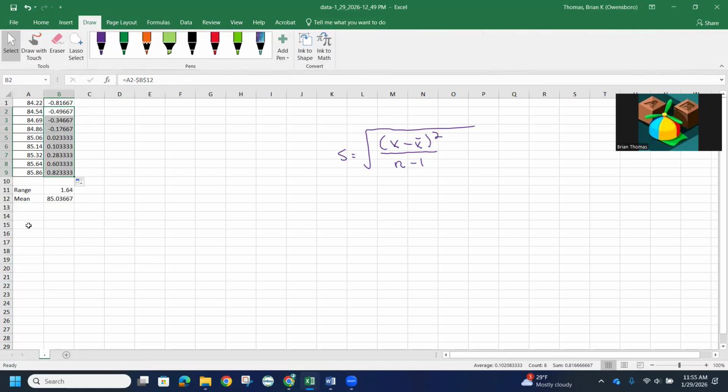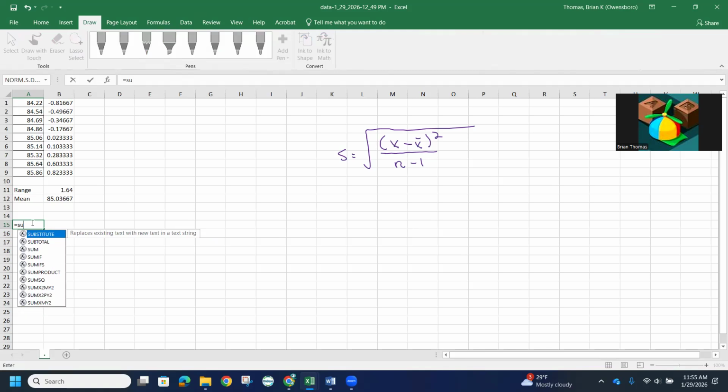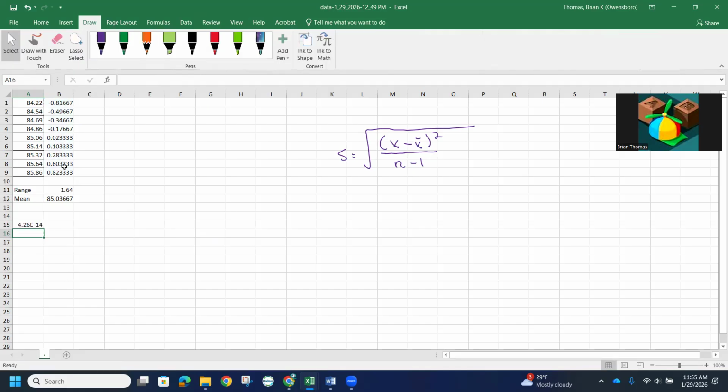Now if I sum these values here, notice it gives me really 4.64 to the negative 14.